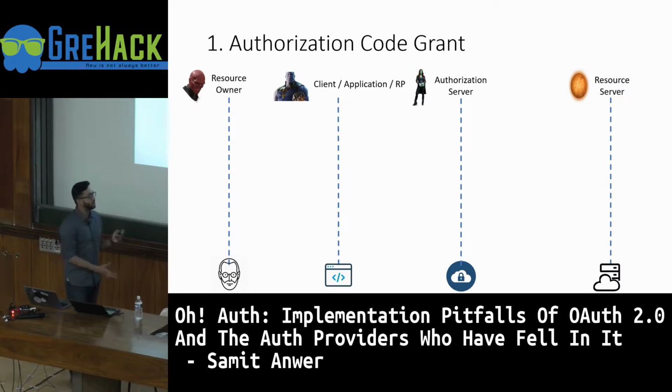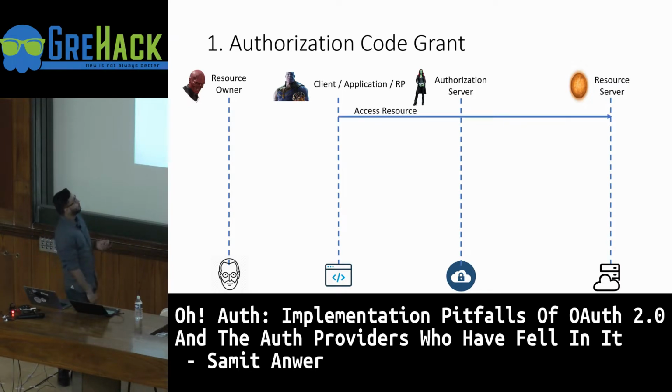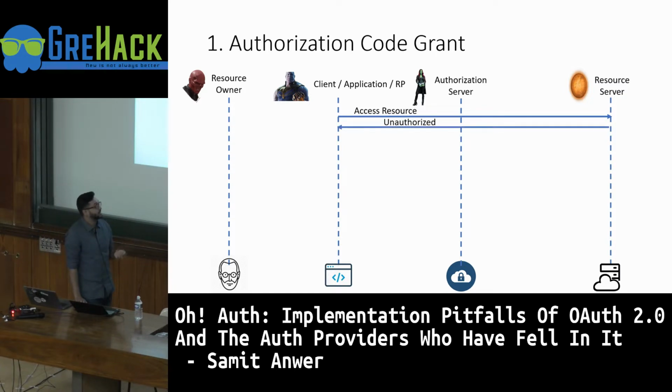So let's see the flow in a nutshell. Now we'll discuss more details on it. So client or Thanos wants to access the soul stone or the resource. He hits the resource endpoint and he gets an unauthorized message because he doesn't still have any access tokens with him.